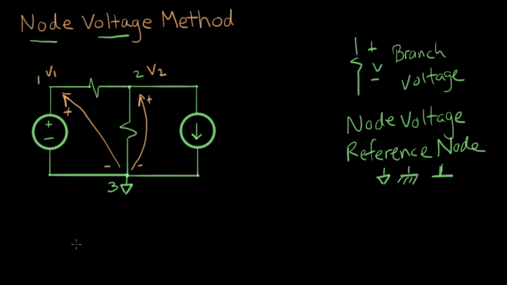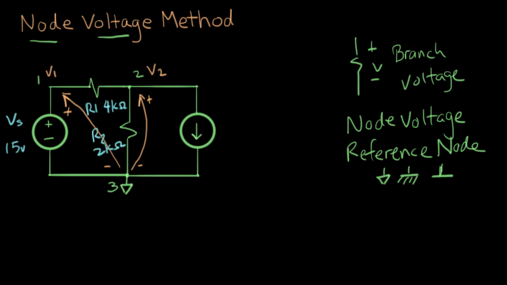So first, I want to label my components here. We're going to call this Vs and make it 15 volts. This resistor is going to be R1, and we'll give it a value of 4 k ohms. And we'll call this R2, and we'll give it a value of 2 k ohms.